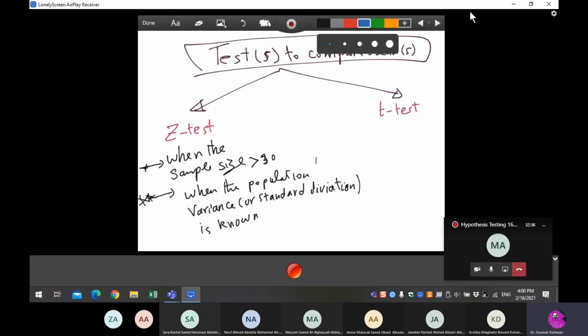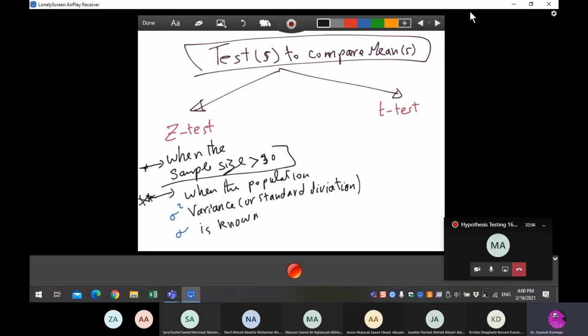What is the notation for the variance? It is sigma squared. For the standard deviation, we use sigma, right? Okay, that's good.